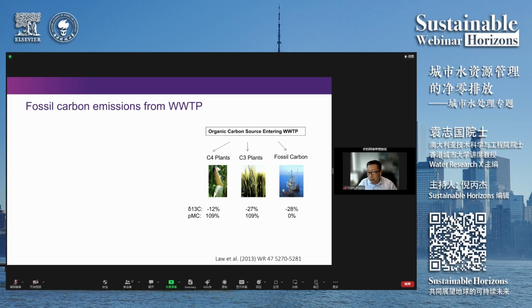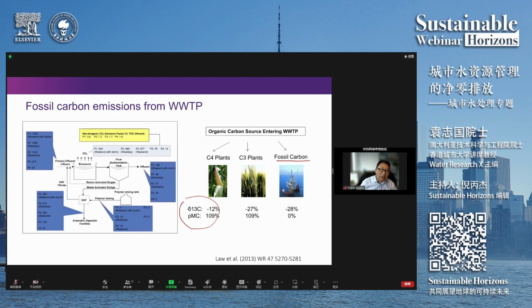However, if the carbon in wastewater has a fossil origin, and then it is converted to CO2, that will give you a direct emission. But fossil carbon, in terms of the isotopes C13 and C14, is depleted in C13 and C14. So by measuring the C14 and C13 fractions, we are able to differentiate the biogenic carbon and fossil carbon.